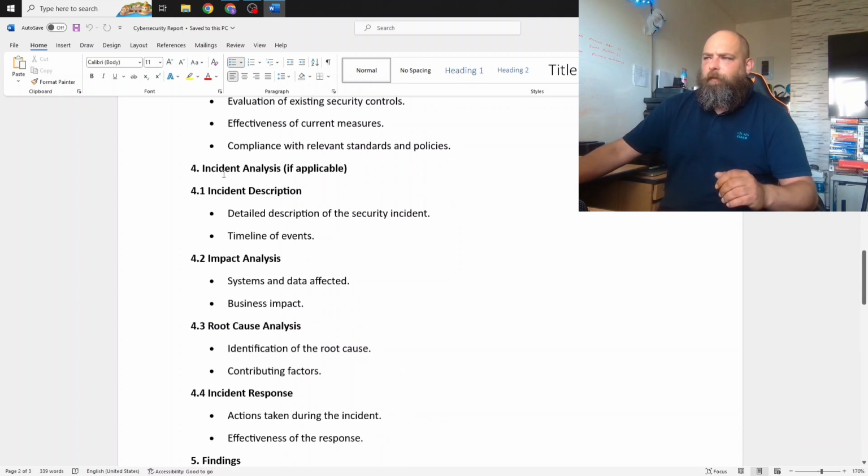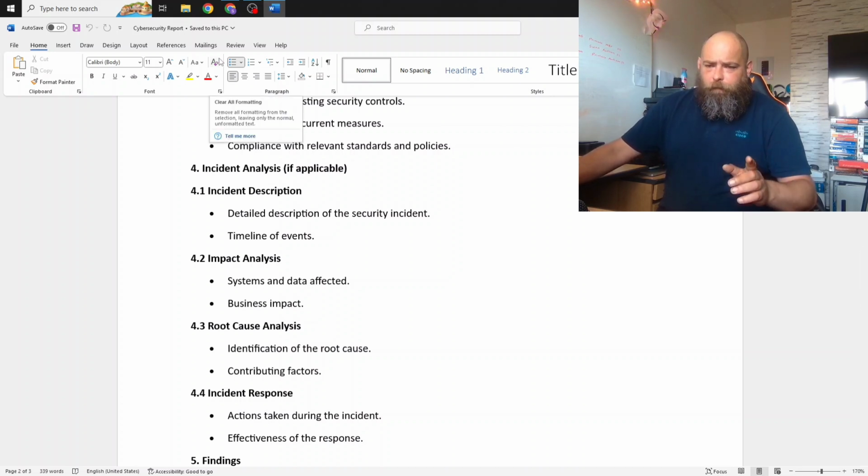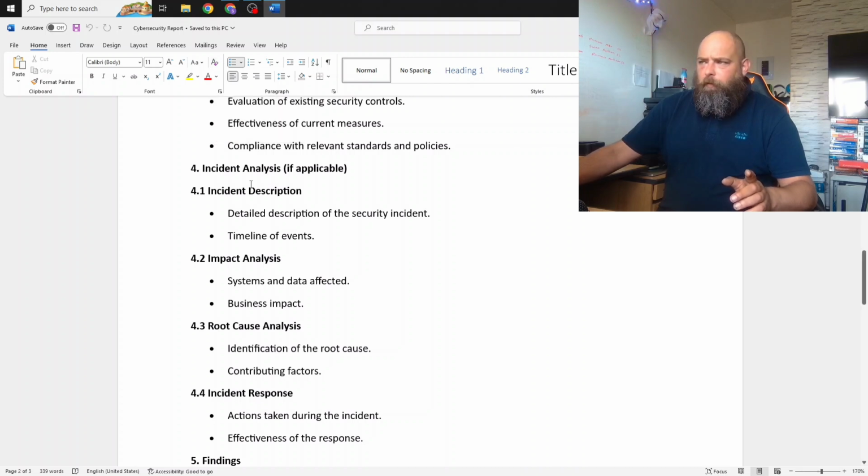Then of course section 4 is incident analysis if applicable. Now we gave reference to our incident report, so if applicable, see incident report. 4.1 pretty much covers the incident description, which would also be featured in the incident report.